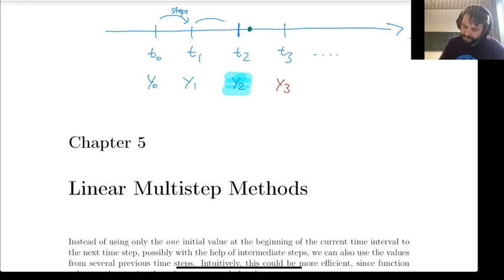But then I introduce stages. So for example, I could introduce 3 extra stages here. These are called stages, at which I'm computing approximations, but I'm only using them in order to compute my final value of y3.